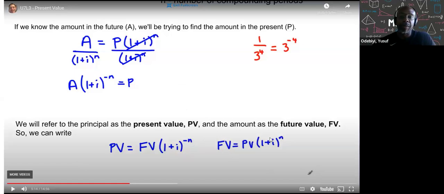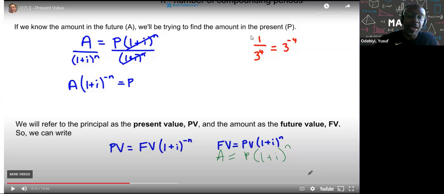So your future amount and the present value, like we said, is similar to the compound interest formula. I'm just going to show you the similarity so you can see that. We said this was A, and this was P, and this was 1 plus I to the power of n, right? Now what we're doing is trying to find the present value. So we can call this one the principal, but that's not what we're trying to do.